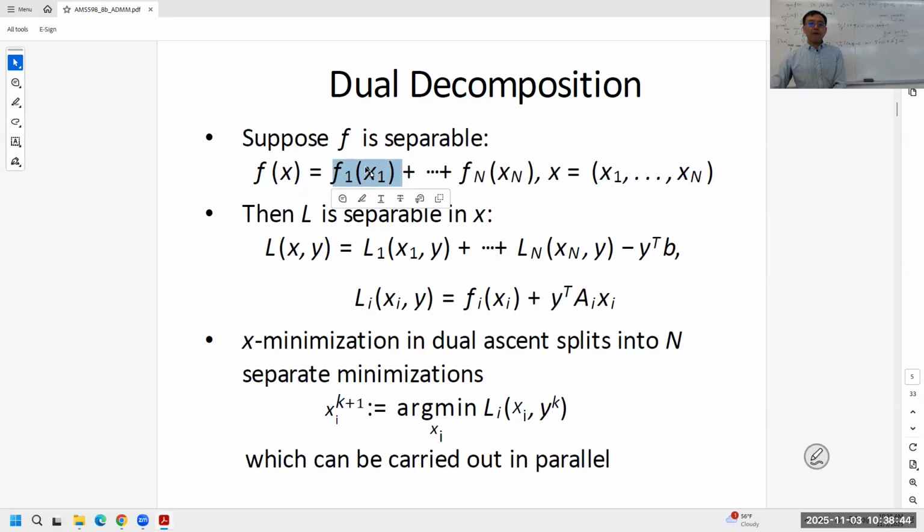So f1(x1) will be a function containing just x1, no other variable, and fn(xn) only contains xn. It doesn't have the other variables. If f(x) can be written this way, then we call f(x) separable.